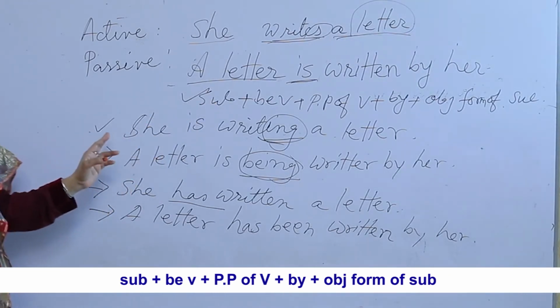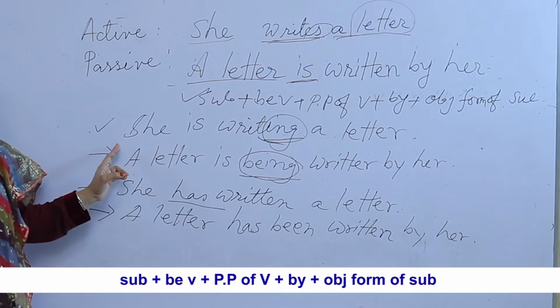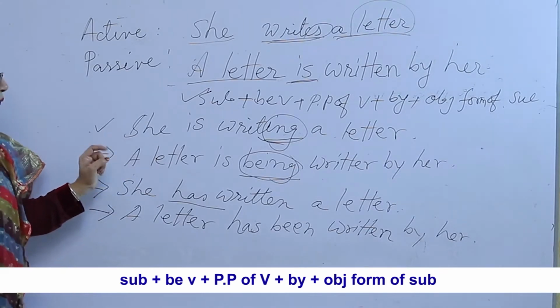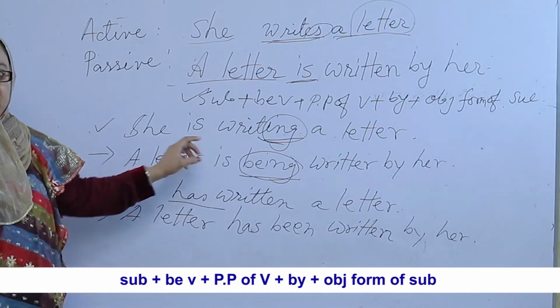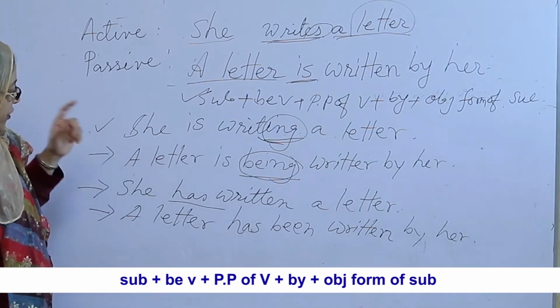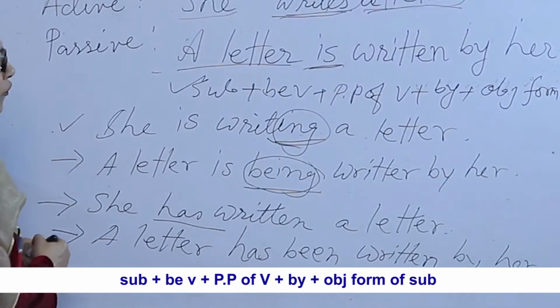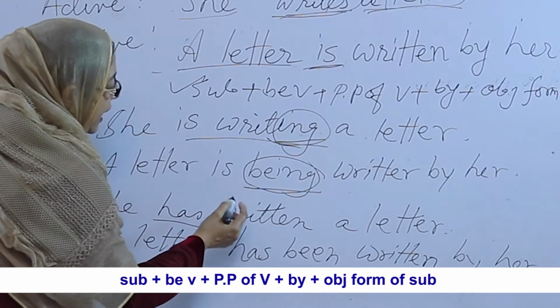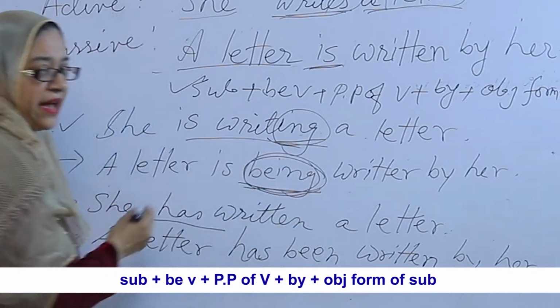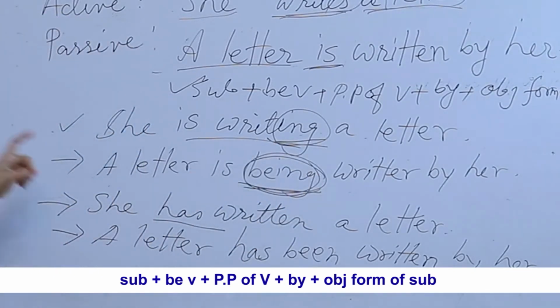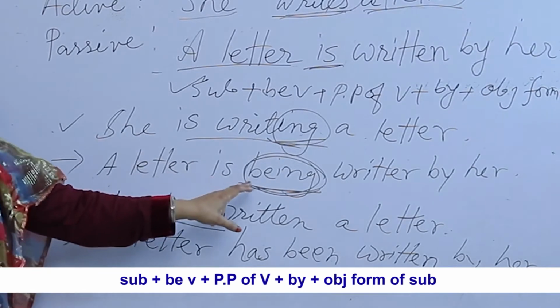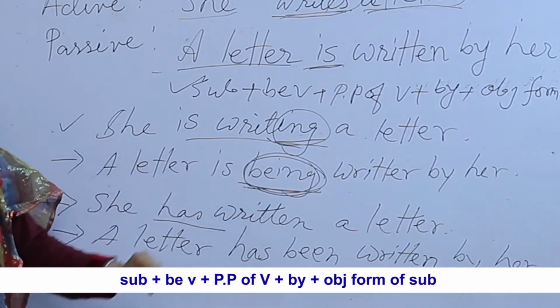Then I use the continuous form of tense: she is writing a letter. When it is a continuous form, I use being, B-E-I-N-G, being. A letter is being written by her.